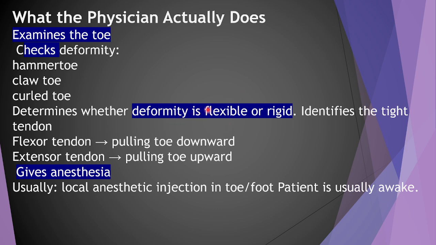After that, he will identify which tendon is involved, flexor or extensor. The flexor tendon pulls the toe downward, and the extensor tendon pulls the toe upward. Here we will study the toe being pulled down. Then he will give the anesthesia, and the patient is usually awake.